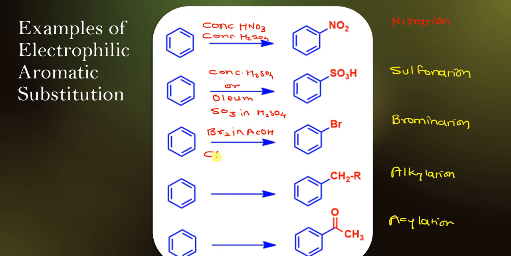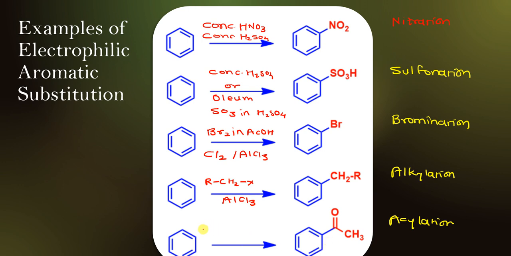For chlorination, we can use chlorine in presence of a Lewis acid, say chlorine in presence of AlCl3, right? For alkylation we can use alkyl halide, RCH2X, in presence of AlCl3, a Lewis acid.